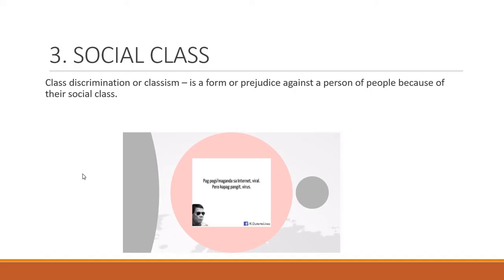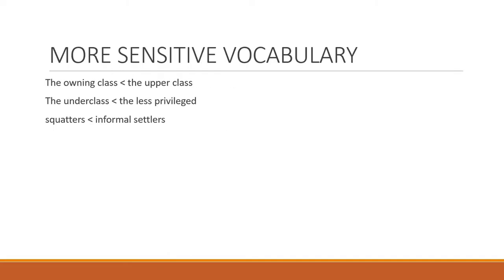Okay? So what are the words which fall under this? More sensitive vocabulary. We do have here three words. Number 1 is the owning class. The second one is the underclass.